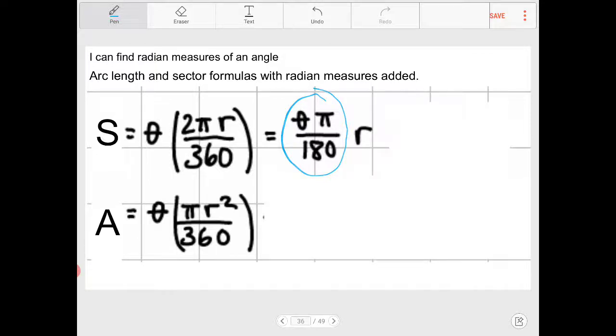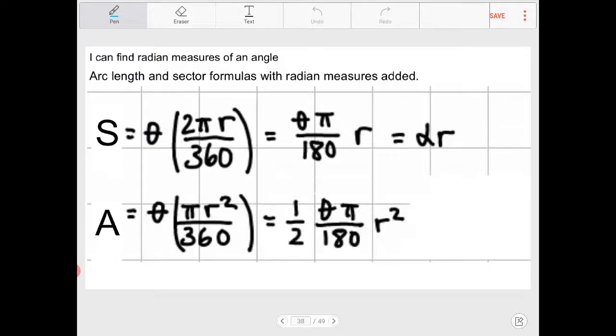This is, in fact, the conversion going from degrees to radians. So it is a very natural thing to rewrite this ratio simply as a radian measure. In other words, the arc length is the measure of the central angle in radians multiplied by the radius. Similarly, I can take the area of a sector formula and do the same thing.